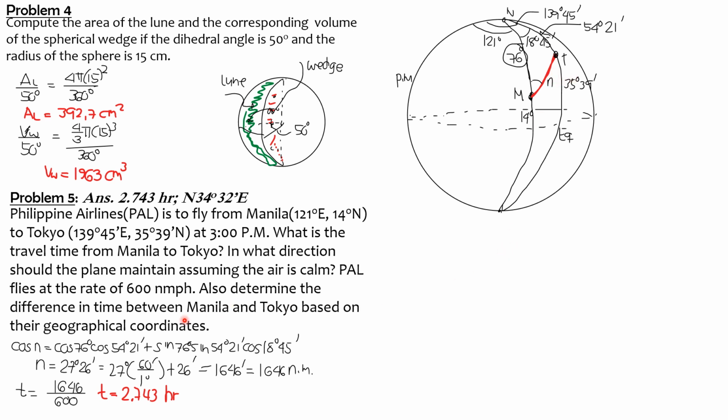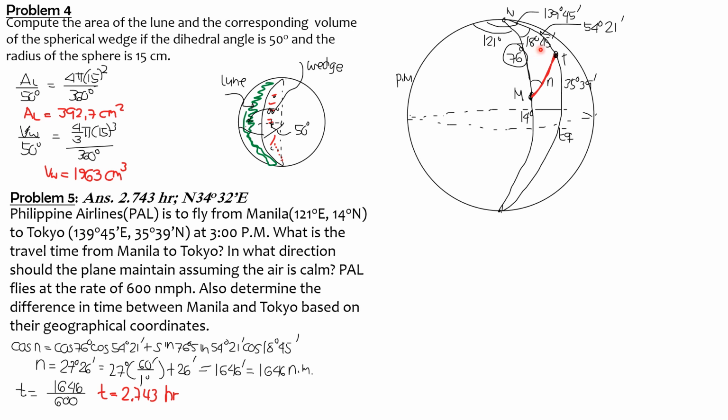Then also determine the difference in time between Manila and Tokyo based on their geographical coordinates. So Tokyo will have advanced time because it is east of Manila, and we convert 18 degrees 45 minutes to hour.